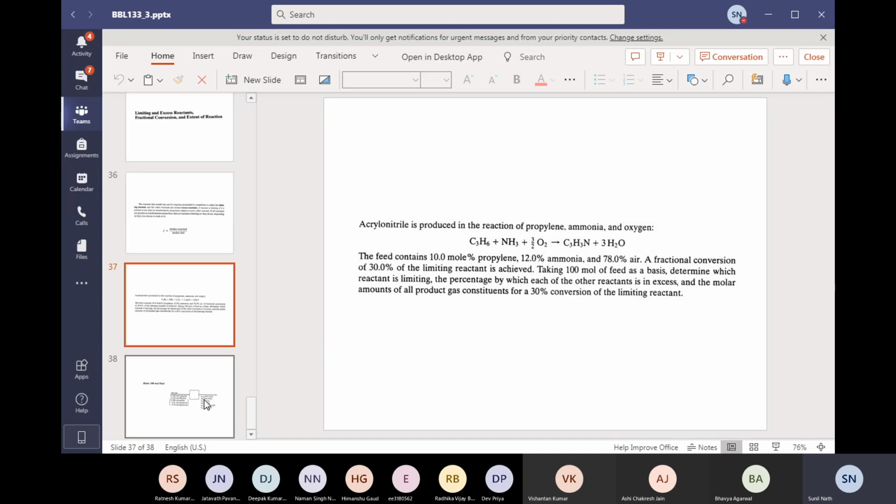See, 1 mole of ammonia is reacting with 1 mole of C3H6. So since it says 30% of the limiting reactant is converted, and we can find the limiting reactant is propylene.